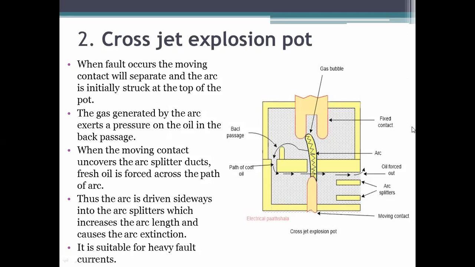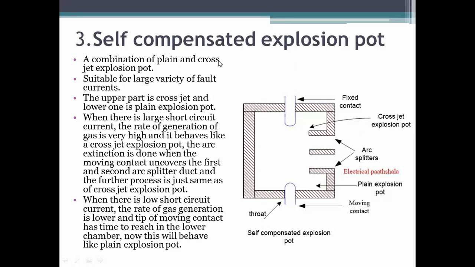So this plain explosion pot is used for the medium fault currents, remember, and this cross jet for the heavy fault currents or high fault currents. Okay. Then third is the self-compensated explosion pot.